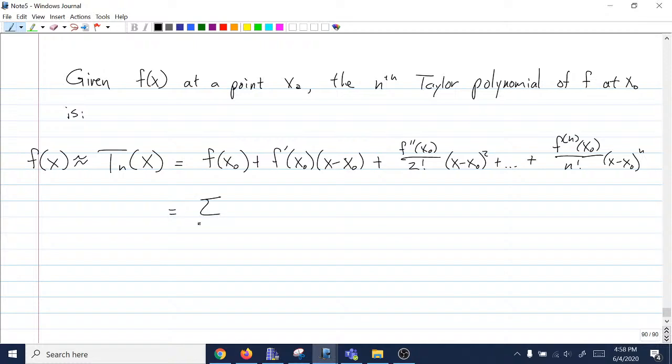It's the sum from k equals 0 to n of take k derivatives of the function, plug in x naught, divide that by k factorial, x minus x naught to the k. And again, we're taking the convention that 0 to the 0 is 1 whenever I'm in this situation.